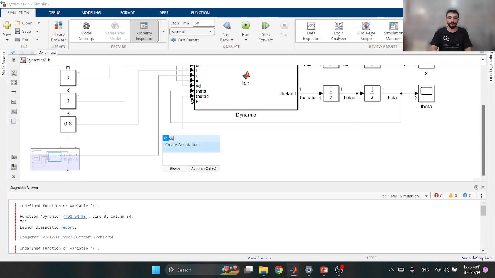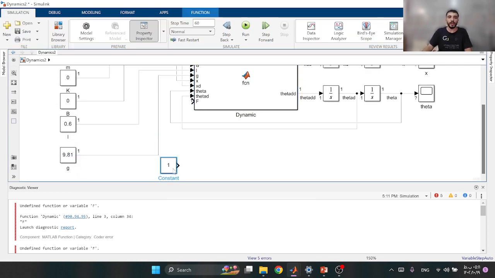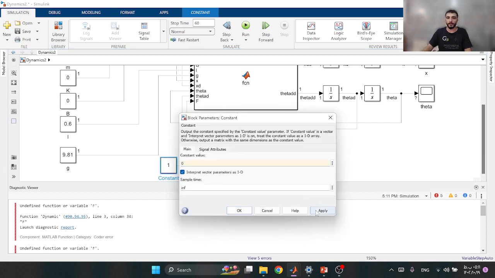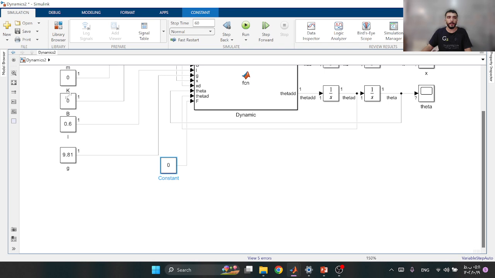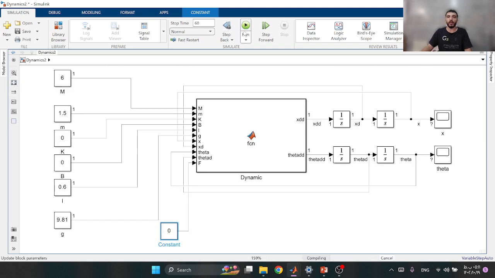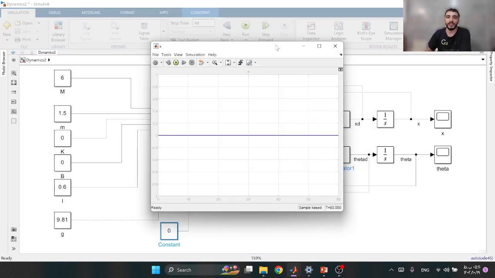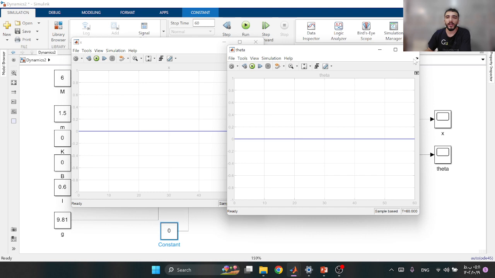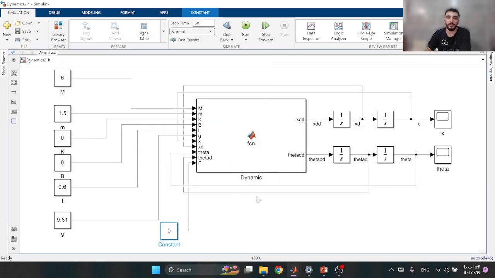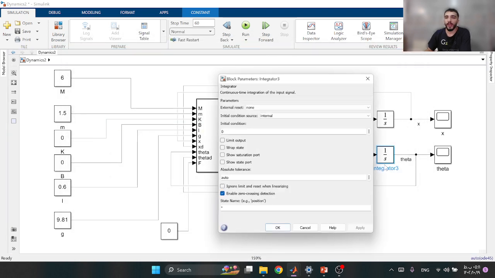For now, I want to assume it as 0 and run this simulation again to see our output. We expect that nothing changes because our system is at equilibrium here.